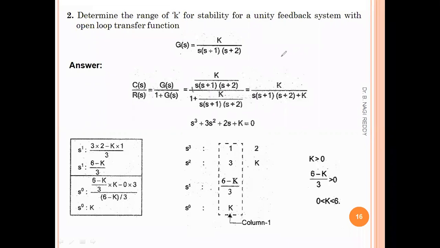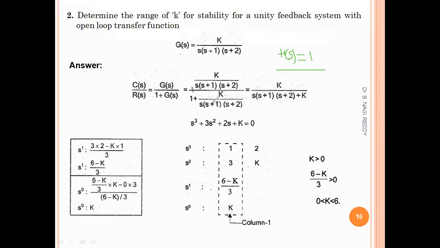So to determine the stability using RH criteria, we need the characteristic equation. How can we get the characteristic equation? With the help of the closed loop transfer function. So we need to calculate the closed loop transfer function, which is C of s by R of s equal to G of s by 1 plus G of s into H of s. However, H of s is 1, so that's why only G of s is written here.